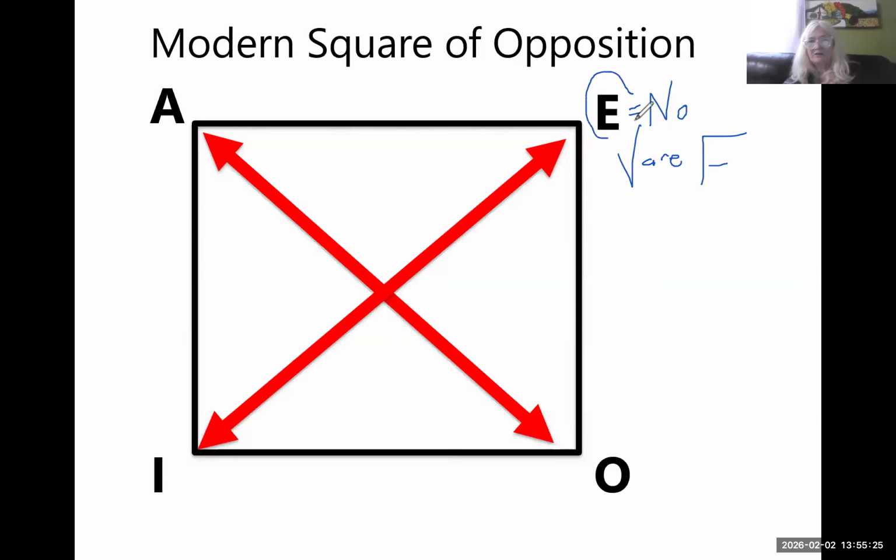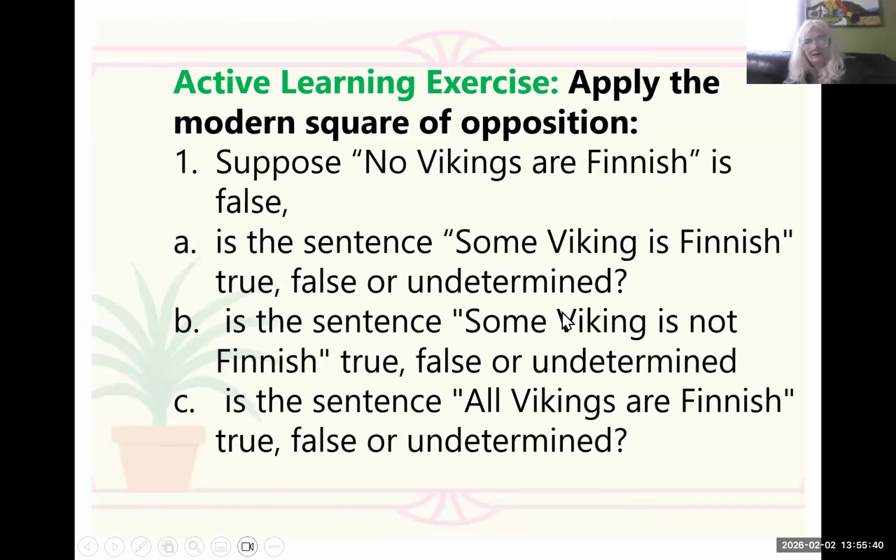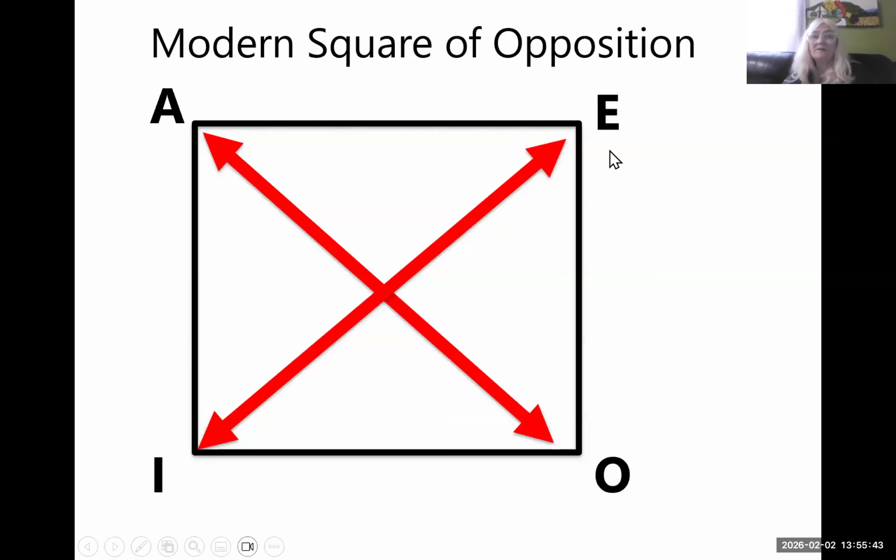Okay. So if that is true, or did I say true or false? Let me look back. Sorry, if that is false, okay, then we don't have any info because we have no relation between A and E, and we don't have any info for E and O. But if we know that E is false, what do we know about I?